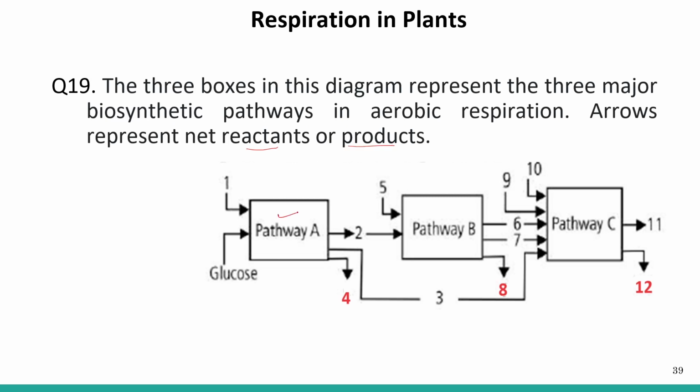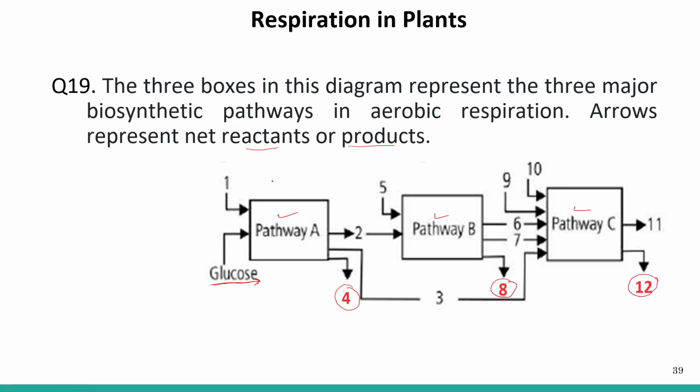These are pathway A, pathway B, and pathway C. They have also given that it is starting with glucose, so they are talking about glycolysis first. We have to figure out what is 4, 8, and 12 here.